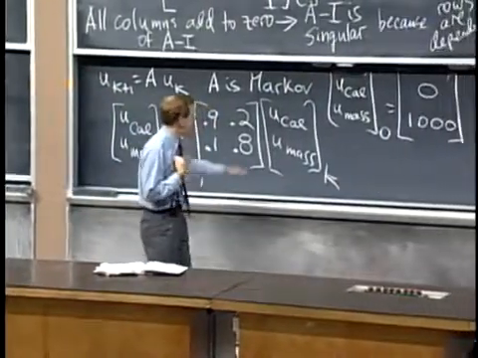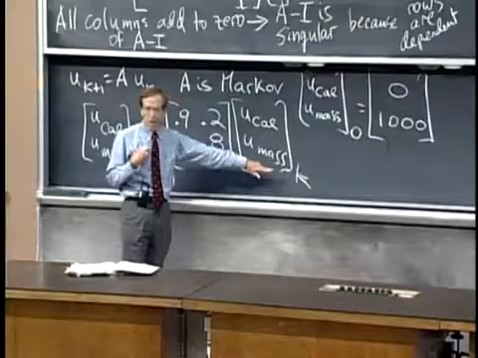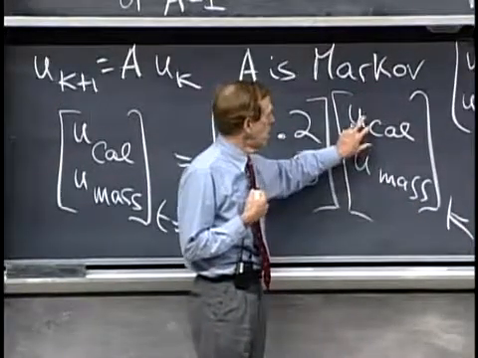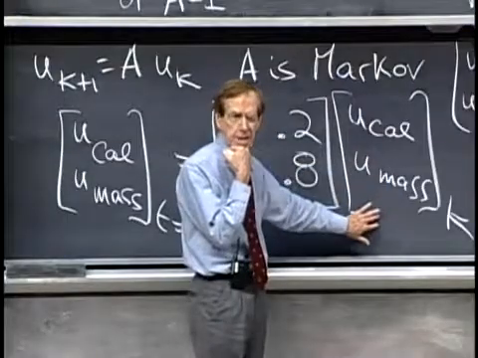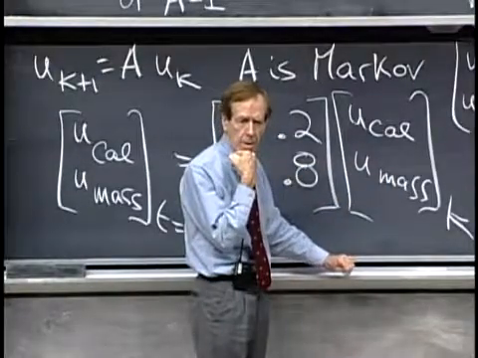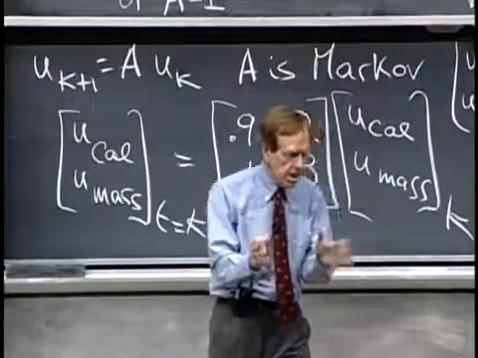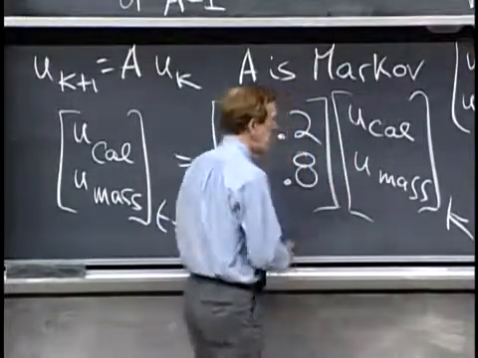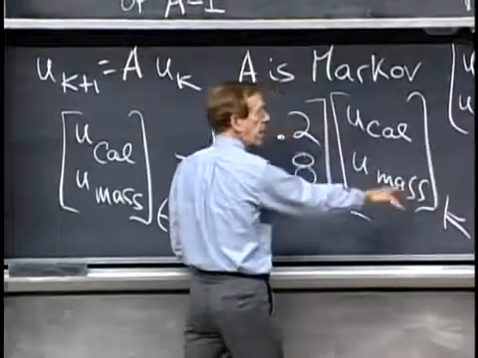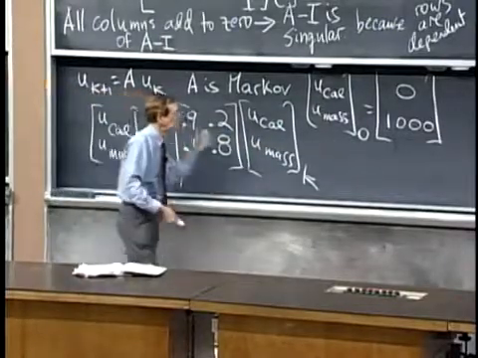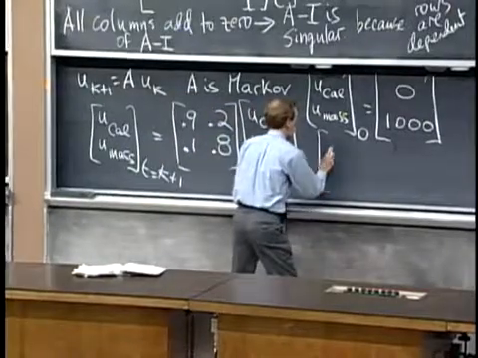What can you tell me about this population after k steps? What will U Cal plus U Mass add to? 1,000. Those 1,000 people are always accounted for. But U Mass will start dropping from 1,000. U Cal will start growing.